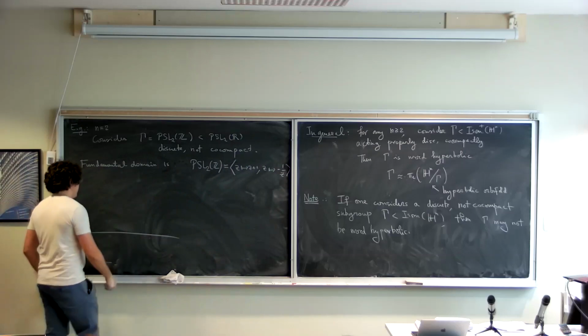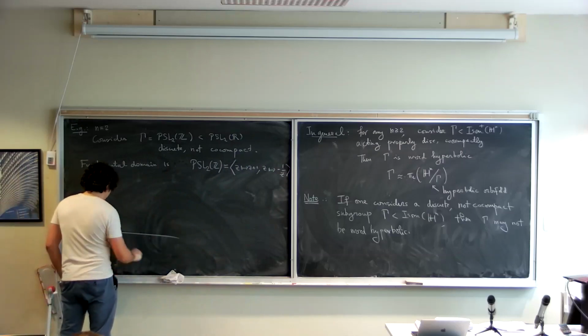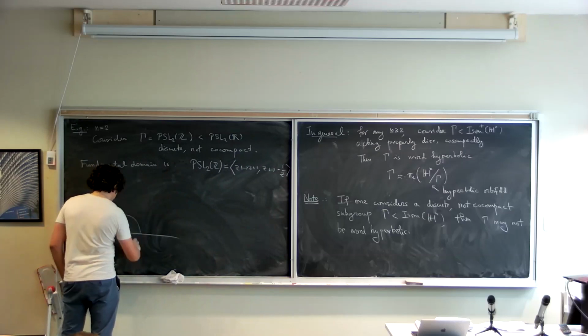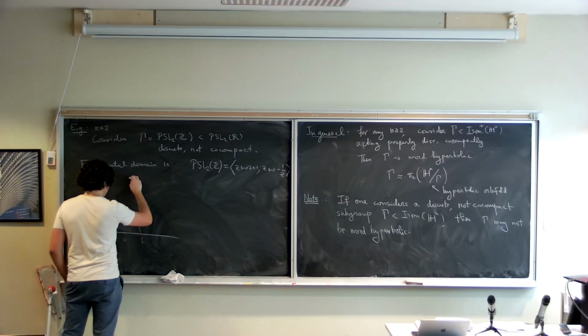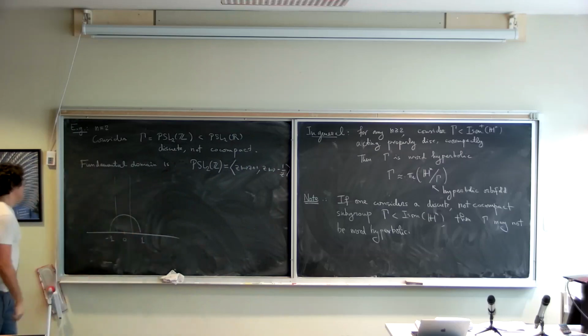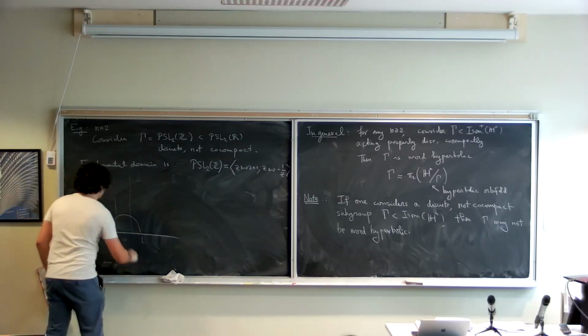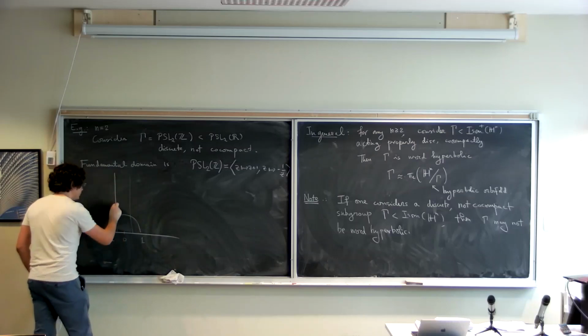A way to find a fundamental domain is the following. You draw the unit circle, and you draw the lines at 1/2 and minus 1/2, and you consider the following region.